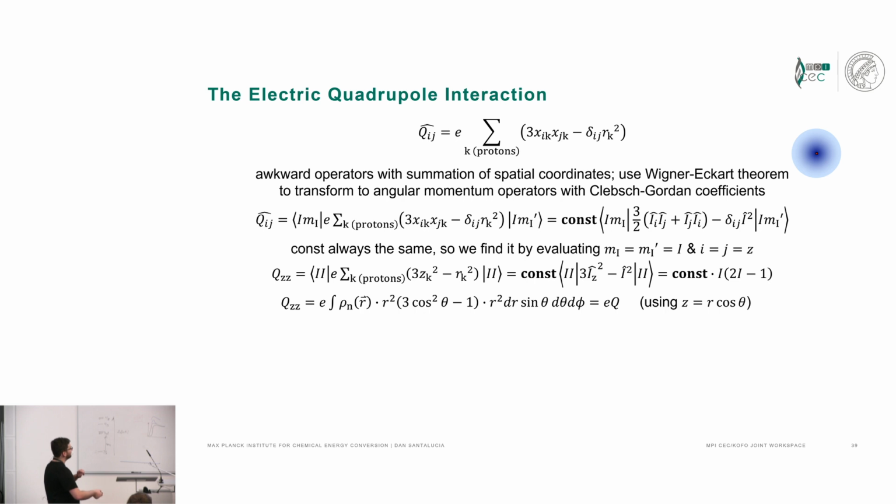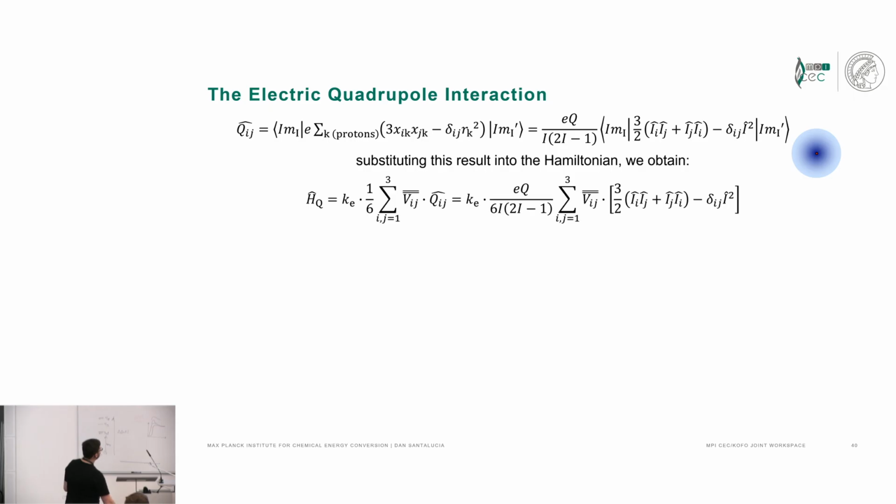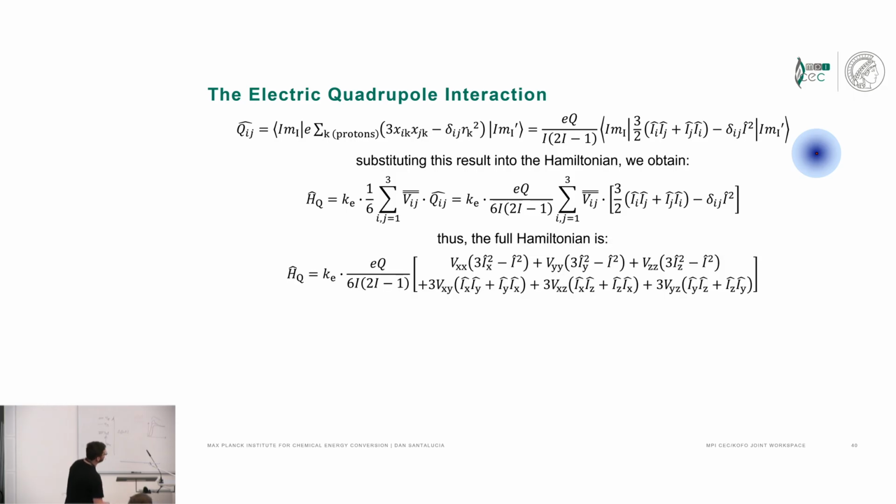We start seeing that eQ pops out from Qzz, and then we keep going, and eventually we end up solving the equation between proton space and nuclear angular momentum space as related by a collection of constants, eQ over I(2I minus 1). Then we substitute this result into our Hamiltonian, and we end up here. But we're going to keep going because that's not very useful.